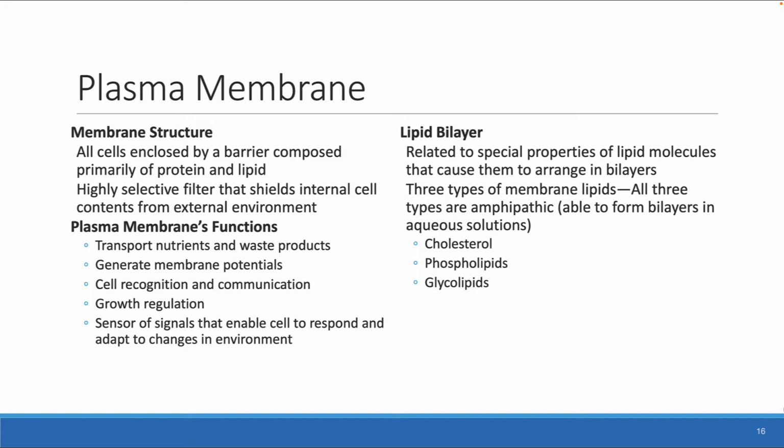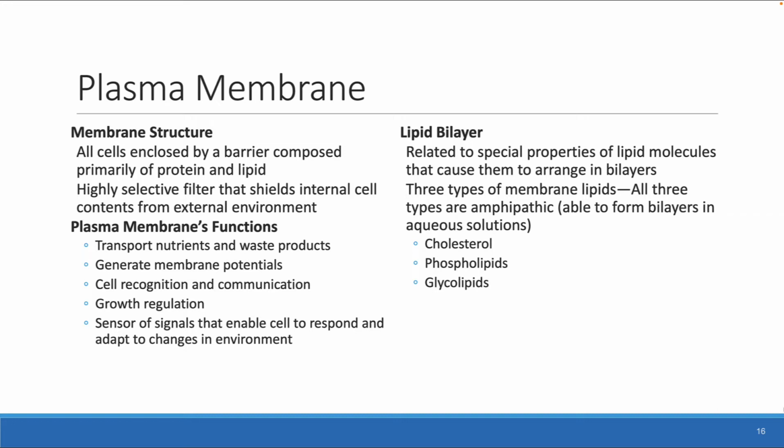The plasma membrane has a role in cell recognition. So there are proteins on the cell membrane that allow your immune system to recognize self, and when that system works well, you are well and you're defending against disease. But when that system breaks down, you become autoimmune. You begin to destroy your own cells.